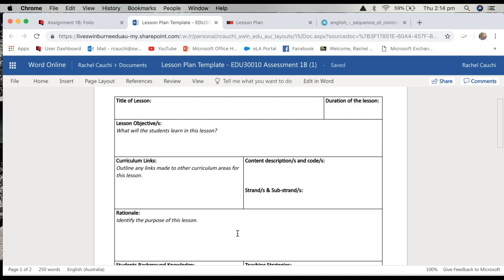Is it to be able to understand the elements of a narrative? So students should be able to understand what the learning intention is and what they need to do to achieve it. So this part could just be dot points about what your lesson objective is.